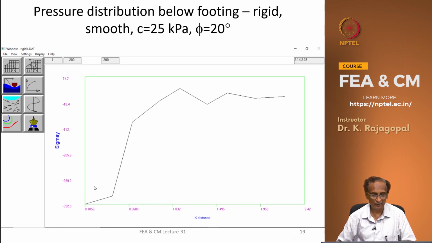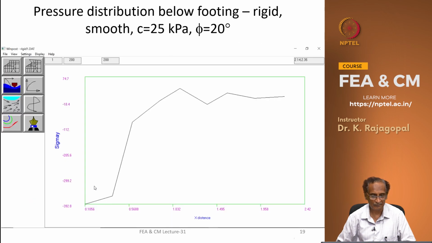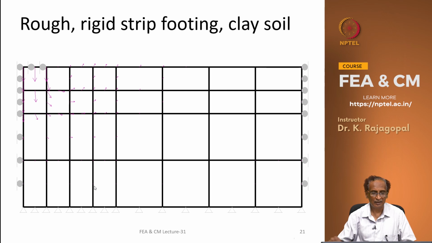And this is the rigid footing. So actually what I had shown is for a rigid footing also, and this is for a rigid smooth footing, and this is for a rough rigid footing.